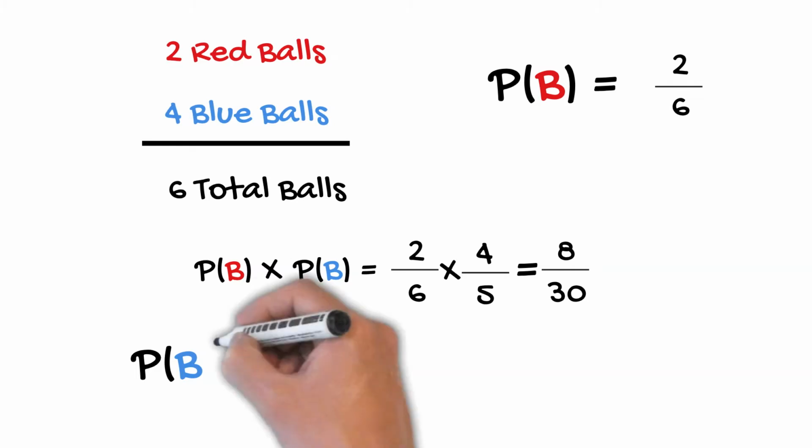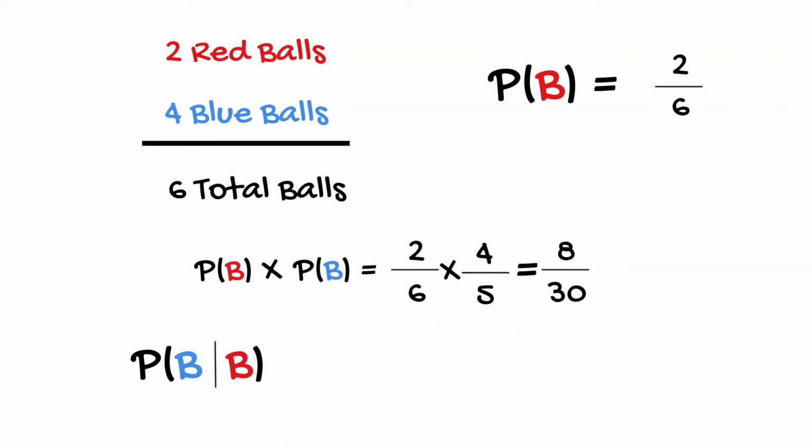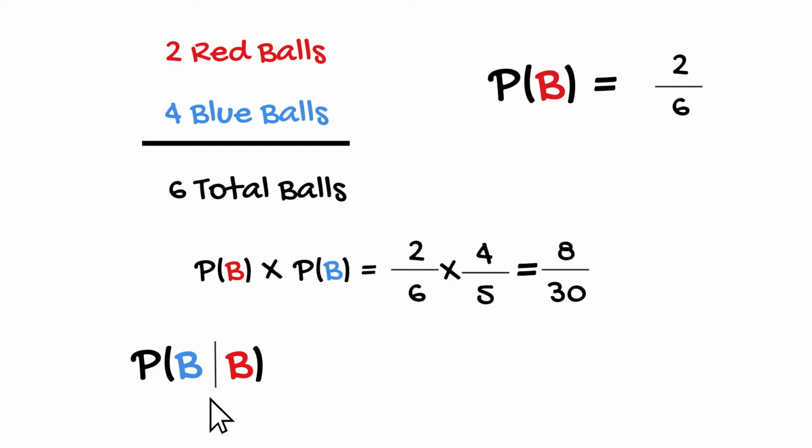So really, that's the probability of getting B. So in a way, that's the probability of getting a blue ball, given that you'd already gotten a red ball. So that's what that second one is: the probability of getting a blue ball, given that you have already gotten a red ball.